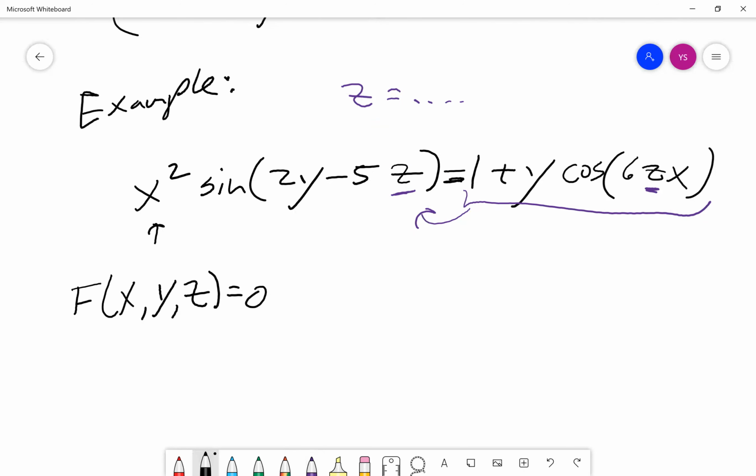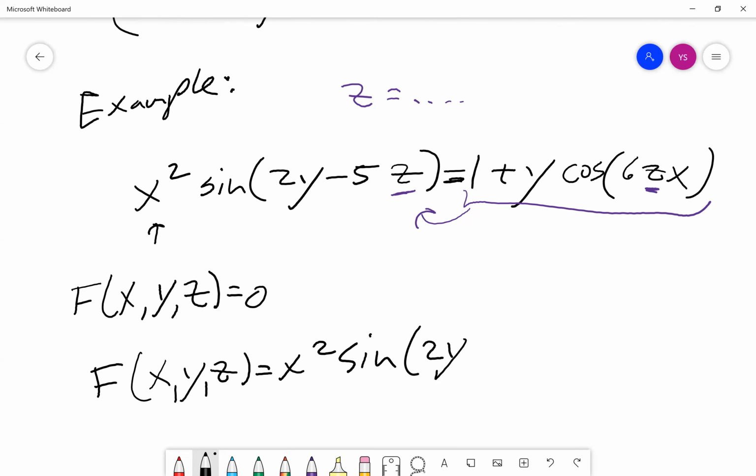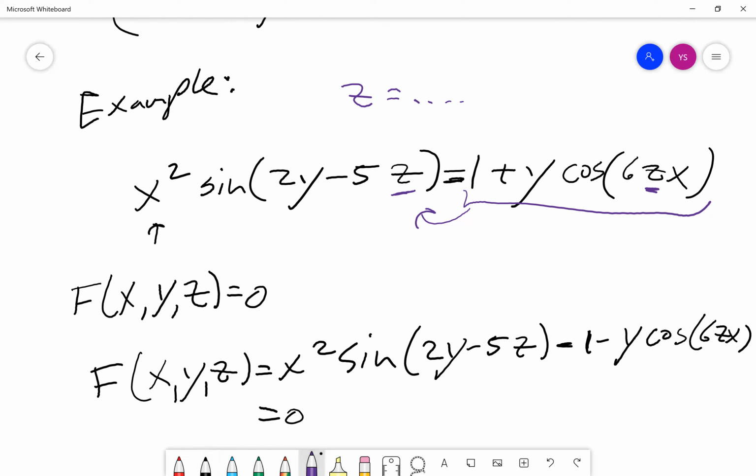So now you get a function F of x, y, z is equal to x squared sine of 2y minus 5z minus 1 minus y cosine of 6zx. And this thing, of course, is equal to 0 because this part is just subtracting this part. And so you get that this entire function is equal to 0.